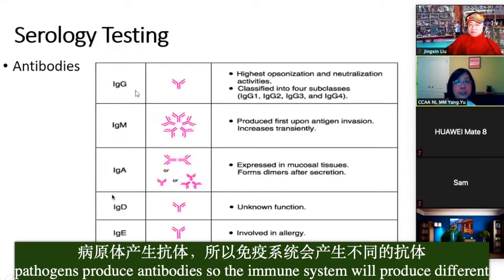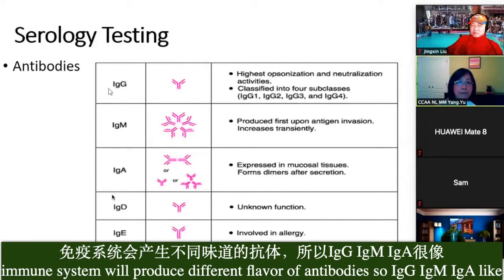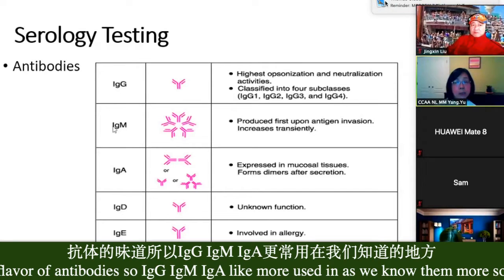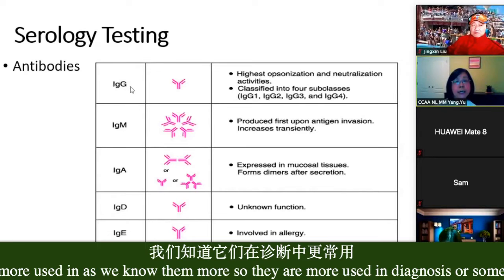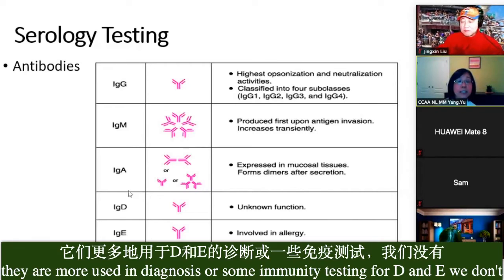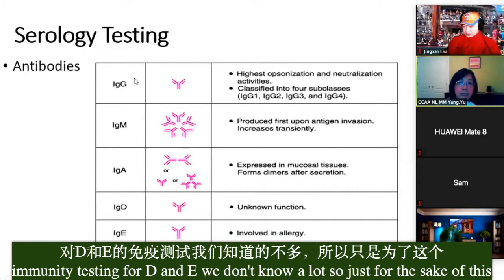The immune system will produce different flavors of antibodies. IgG, IgM, IgA, as we know them more, are more used in diagnosis or some immunity testing. For IgD and IgE, we don't know a lot.